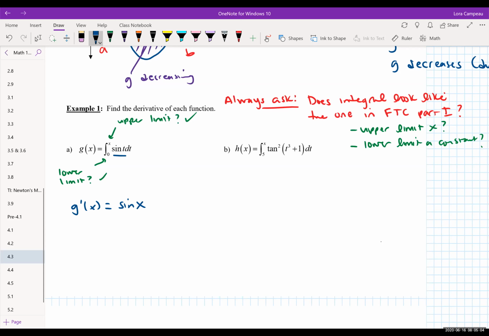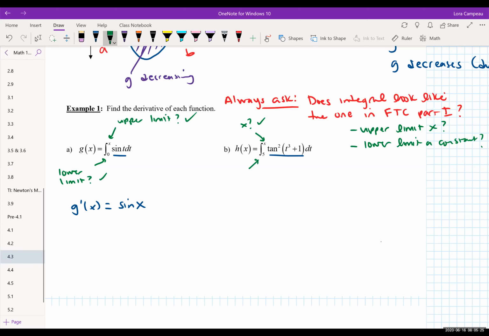A derivative kind of undoes an integral in some sense, and it doesn't really matter how complicated the integrand is. It looks a little intimidating, but as long as you're checking the upper limit, is it x? Yes.